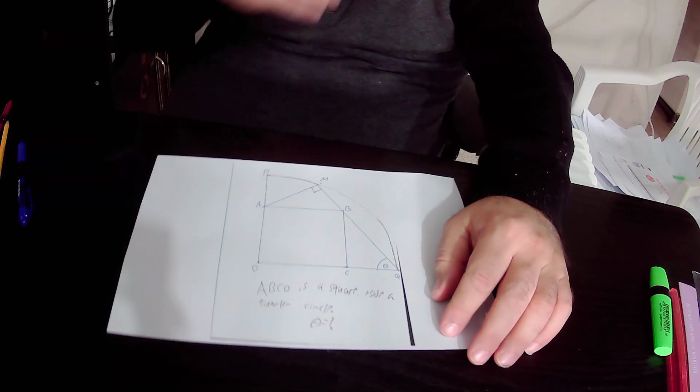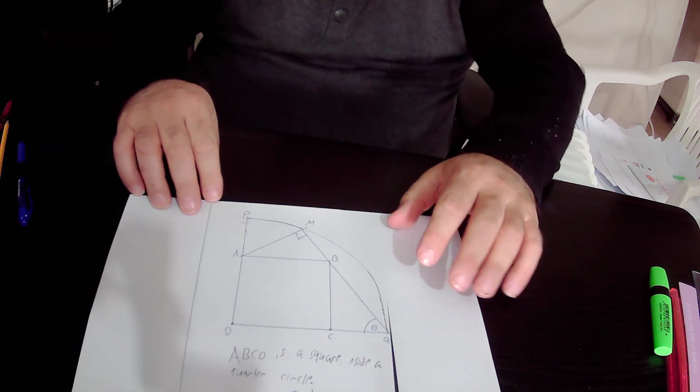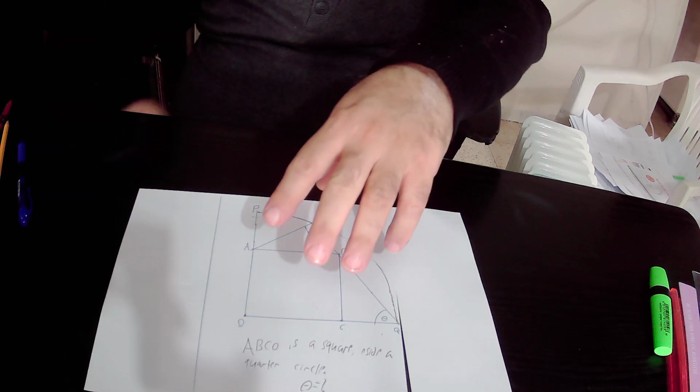In the next step, we'll solve the second question. In the drawing, we have a quarter circle.